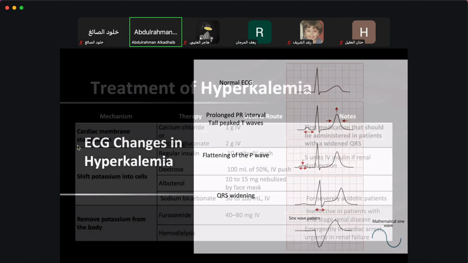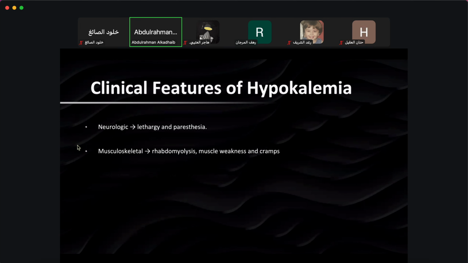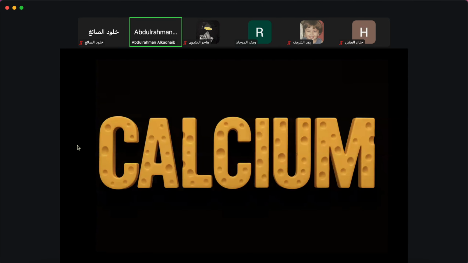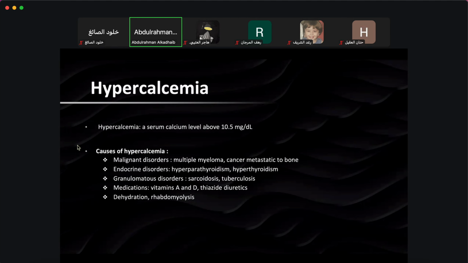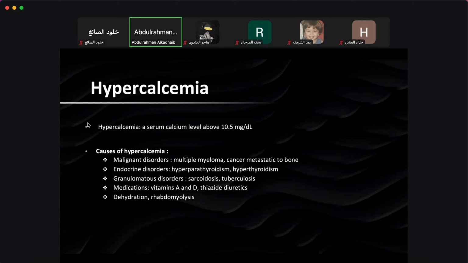The next and last electrolyte disorders that we'll talk about are related to calcium. First one is hypercalcemia, which is basically defined as a calcium level above 10.5. It may be caused by so many causes, but mainly we see it in patients with some malignancies such as multiple myeloma or metastatic cancer to the bone.